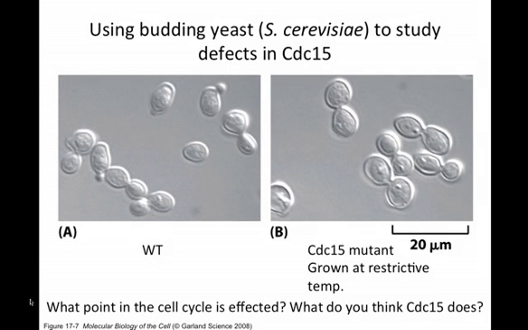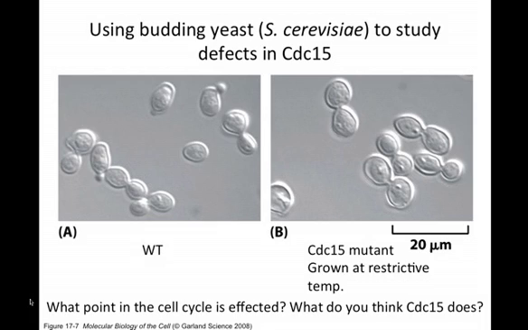So this is where they had a temperature-sensitive mutant of CDC15. Okay? So there's some mutation in the gene for CDC15. At the permissive temperature, it functions just fine. The protein works fine. You can grow the cells. They go through cell cycle normally. At the restrictive temperature, CDC15 misfolds or whatever and doesn't function properly, and you can see the phenotype. So that CDC15 is no longer functional.